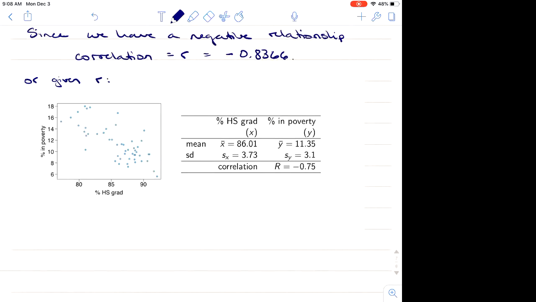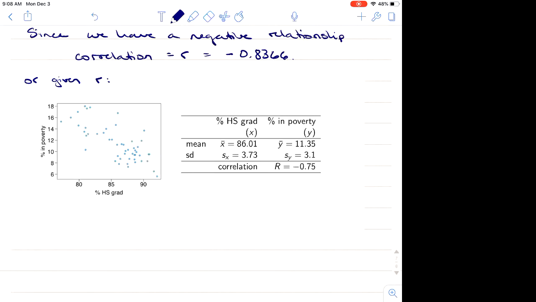The mean of the percentage in poverty is 11.35, and its standard deviation is 3.1. And then the correlation is negative 0.75. I just made the other number up, so pretty proud of myself.